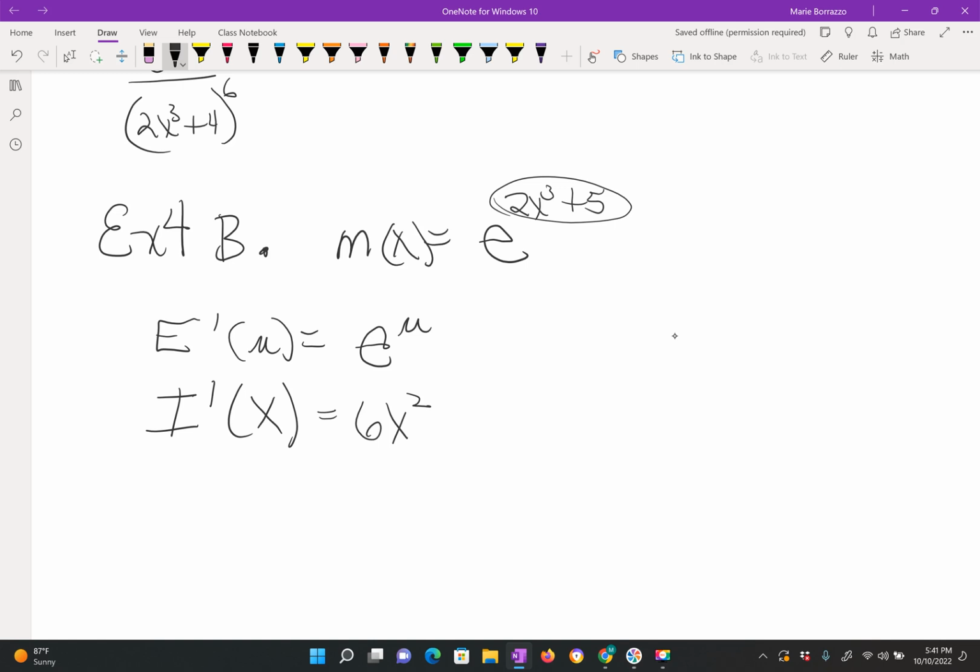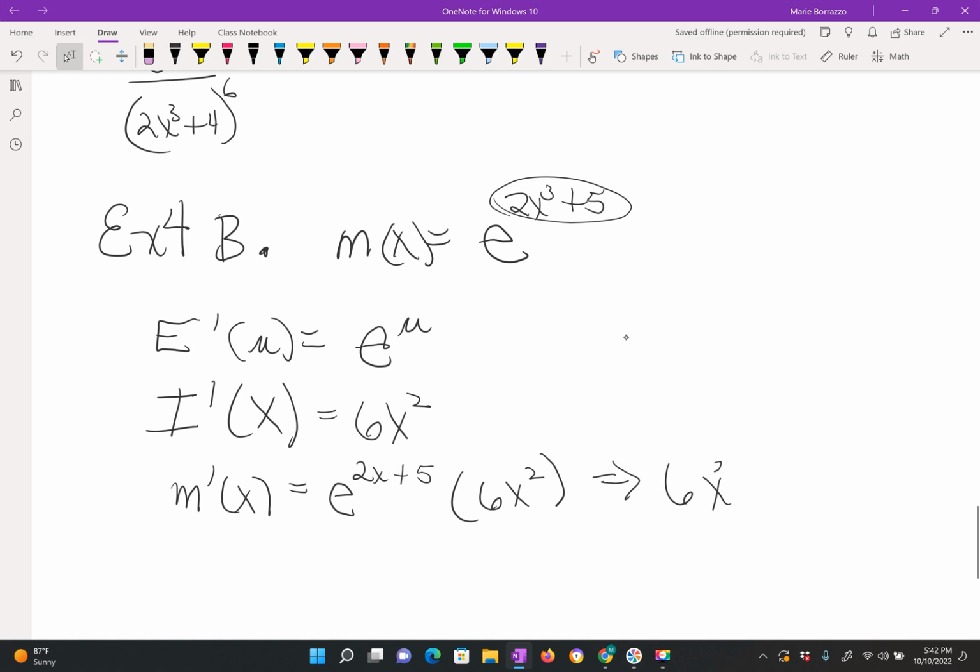So based on the chain rule, m prime of x is going to equal e raised to the 2x cubed plus 5 times 6x squared, which would simply result in 6x squared times e to the 2x to the third plus 5. The u part of the equation is right here.